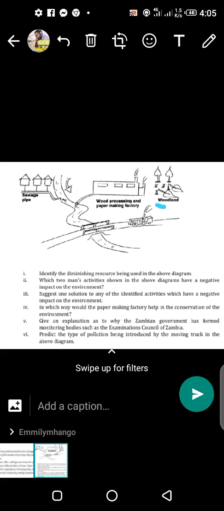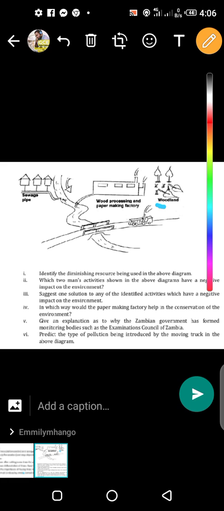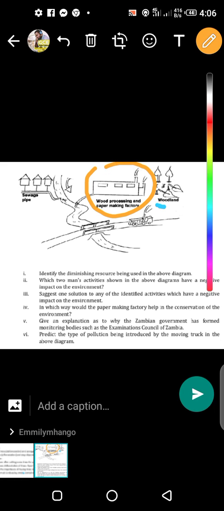Question 4 is saying, in which way would the paper making factory help in conservation of the environment? So how does the paper making factory help? This is a paper making factory. You remember, paper is made from trees.